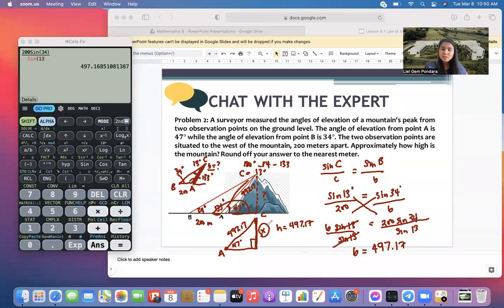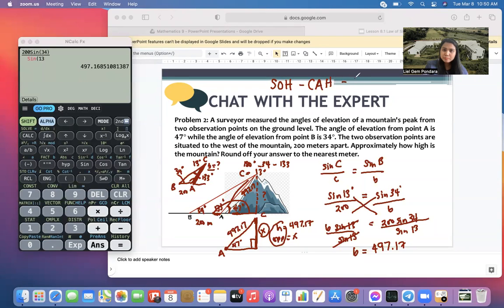Opposite, adjacent, or hypotenuse? Opposite. Very good. The x is our opposite. So what function are we going to use? What function has both opposite and hypotenuse? Sine. Very good.